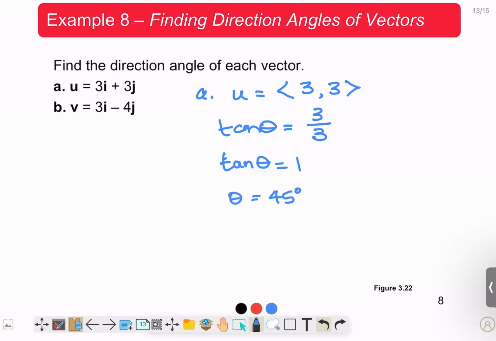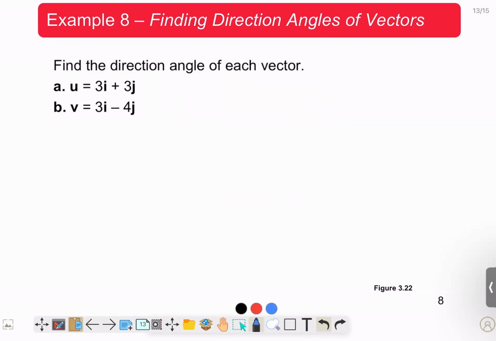So pi over 4. In part B, our vector v, we can see the components here. It's a positive 3 and a negative 4. To find the direction angle, the tangent of that angle has got to be equal to my vertical component over the horizontal, so negative 4 over 3.